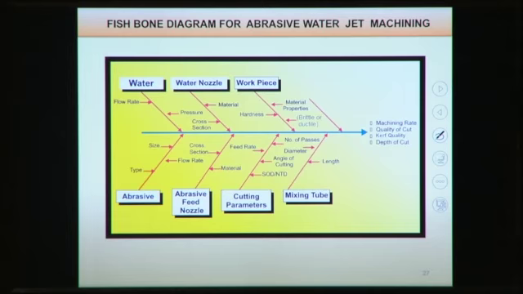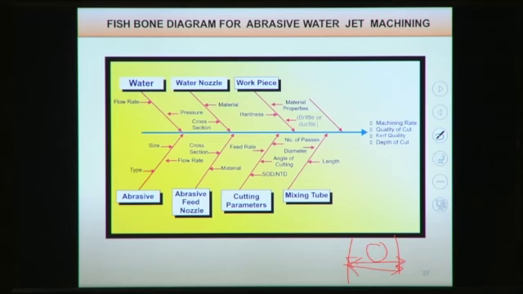So what are the output responses? The output responses are penetration rate, material removal rate, depth of cut, kerf quality, and quality of cut. These are the machining output responses. Kerf quality we have discussed earlier.